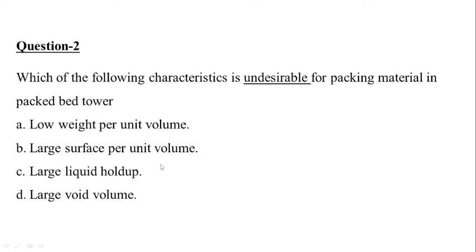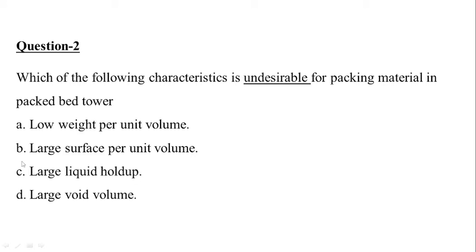So we know that there are some desirable characteristics of packing material in a packed bed tower. One is that it should have low weight per unit volume, so option A is a desirable property. Let's see option B. The packing material should have large surface per unit volume. It's also correct.